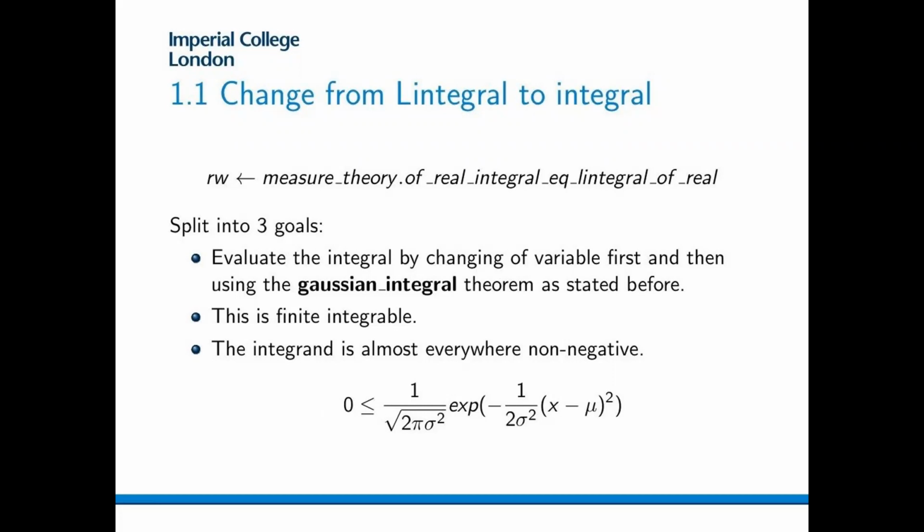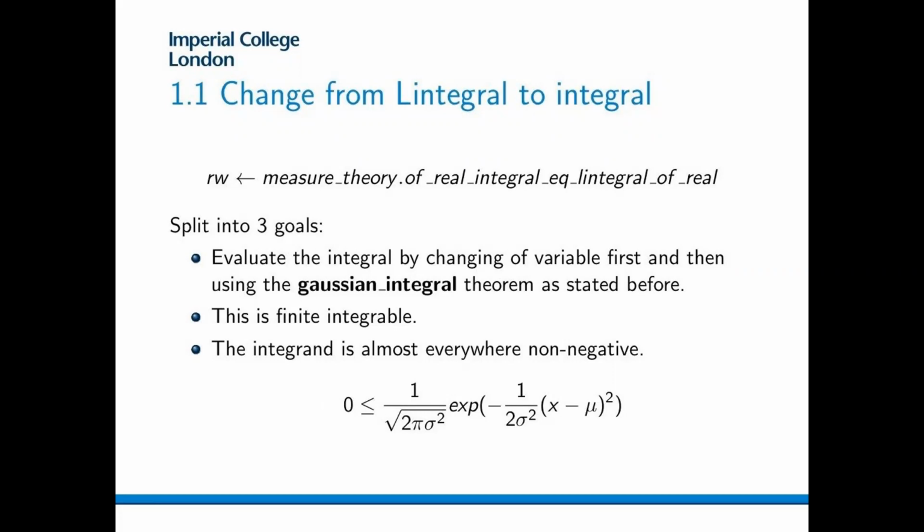That's why Lean defined it as lintegral instead of our usual integral. When we do it in math, we usually just assume that the Gaussian density is integrable and not negative, whereas we still need to prove it in Lean to be more rigorous, I think.